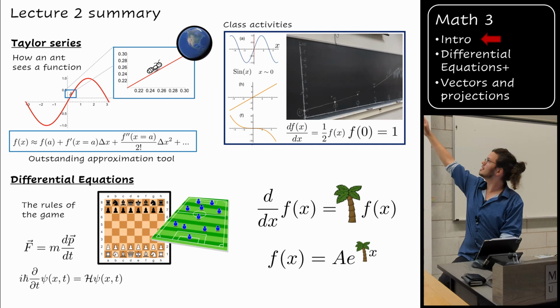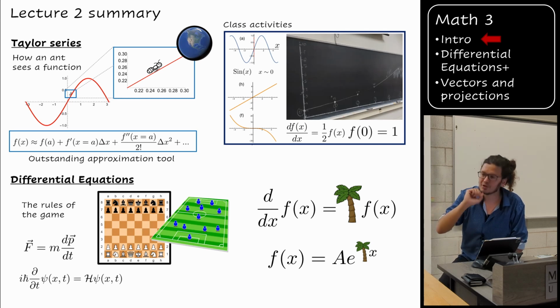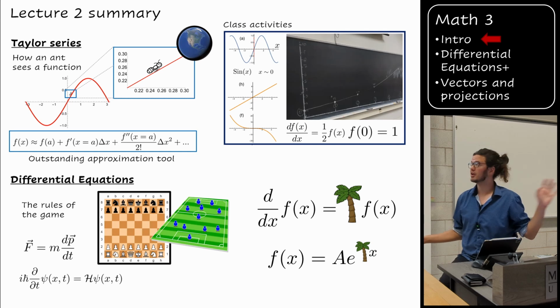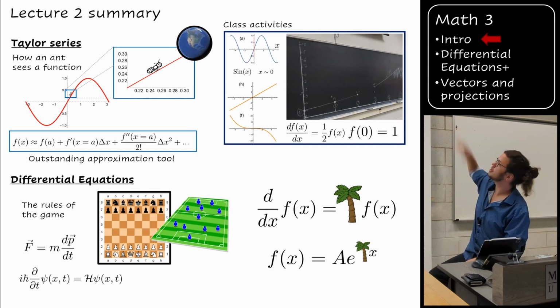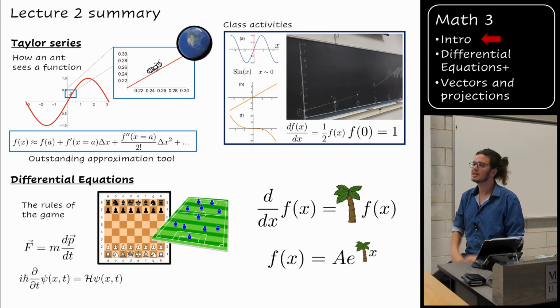The final reminder: remember the two differential equations that I want you to commit to memory, and here I'm putting only one, and I used the palm tree visualization to show that this thing can be literally anything that you put in there, and if you're creative enough, you can even put a matrix in front of that f, which is what happens in quantum mechanics, and the solution will still be e to the stuff times your variable.